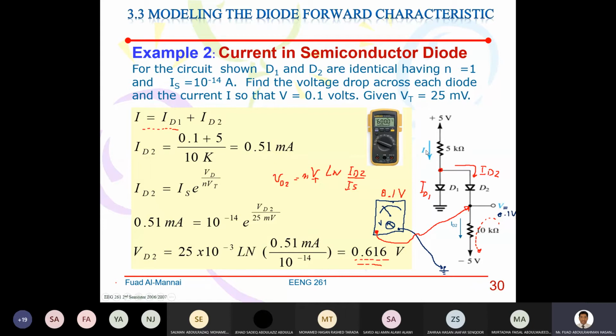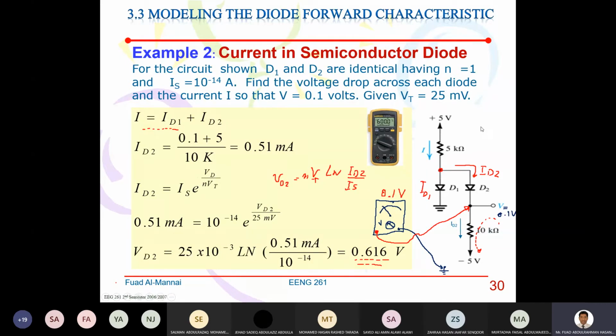This I here. The voltage V is equal to 0.1 volts. He gave us VT equal to 25 millivolt.